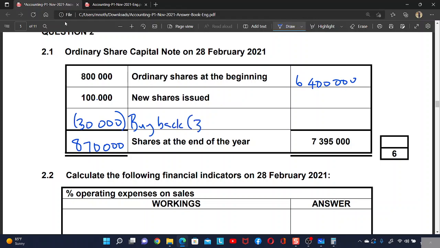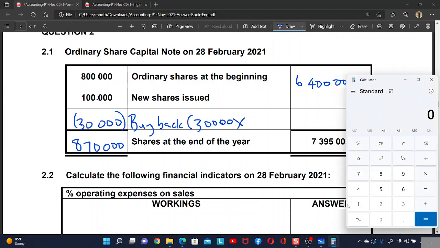So it's going to be 30,000 times the average. So to get the average, we're going to say 7,395,000 divided by 870.